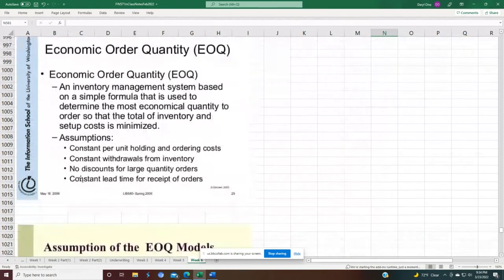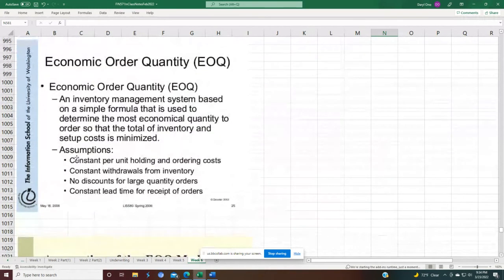All right, so what are some of the key assumptions? The constant per unit warehousing costs. Every time you place an order, that's going to be the same. Your usage of inventory is pretty standard, no quantity discounts, and lead times are always the same.